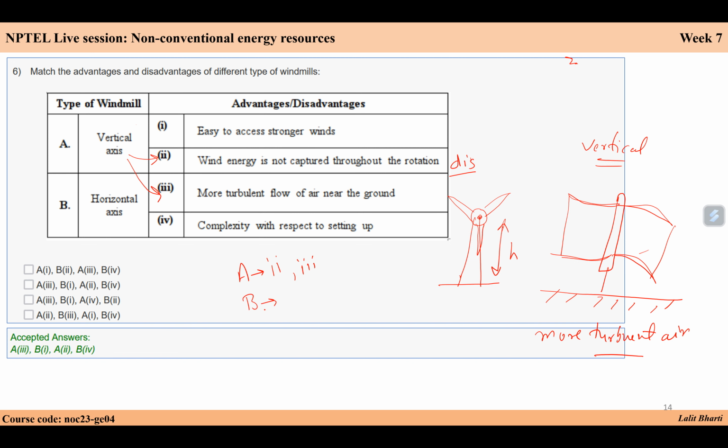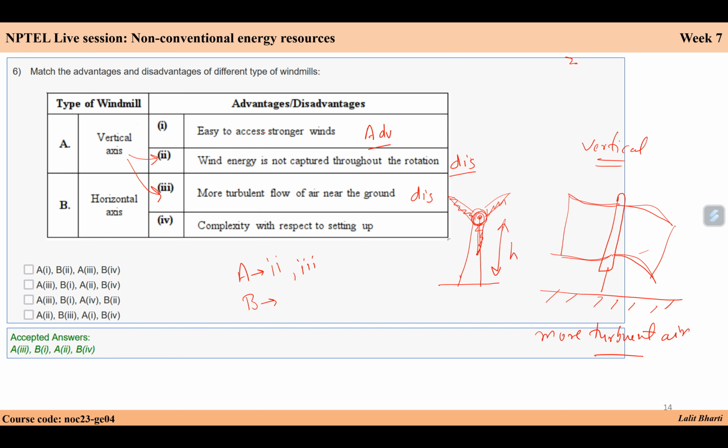So remaining for B. Easy to access stronger winds is an advantage of the horizontal type because they are at quite a high height, so in this three-blade design they will easily handle the stronger winds.